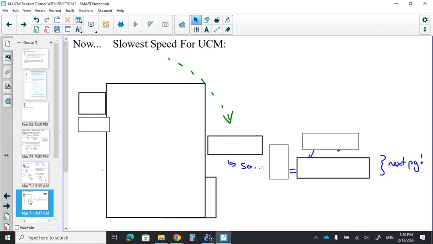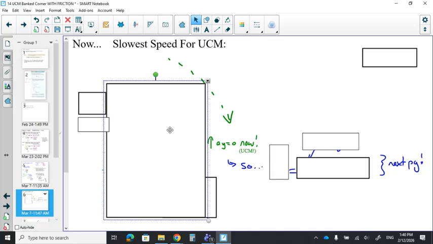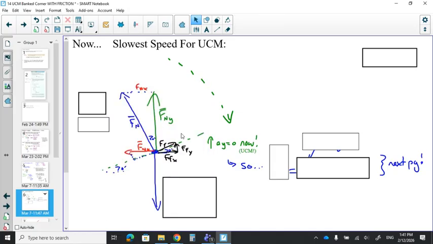Okay, so here we go. Slowest speed for uniform circular motion. The main thing is, of course, now we have the acceleration in the y direction, like true vertical, is 0. That's our uniform circular motion thought process. So there's that direction system based on that idea, and the free body diagram as before, right?